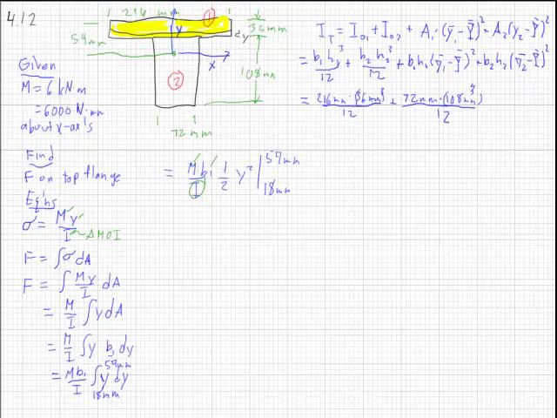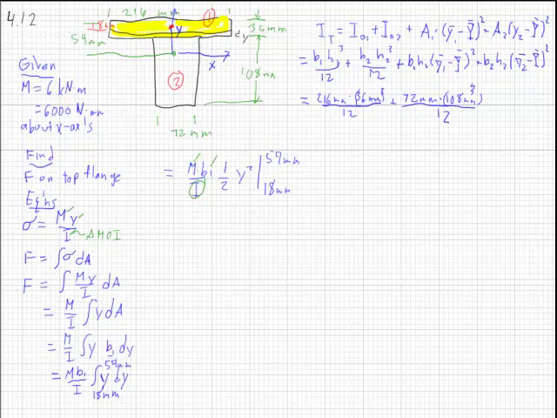Now for these two, again, the base of 1 and the height of 1 are given, and we need to find this distance, where the centroid of each of these is. So the centroid of 1 is in its center right here. Its thickness is 36 millimeters, so that means it's halfway, which means it's 18 millimeters from the top.